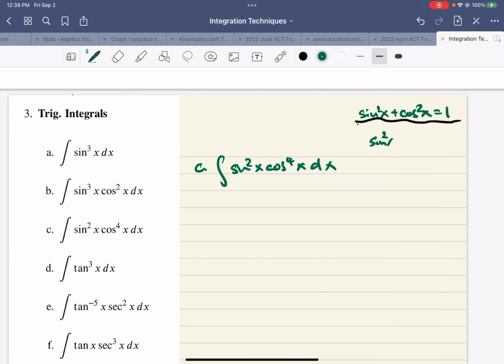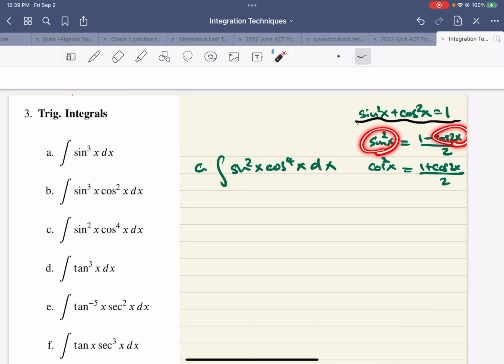Sine squared x equals 1 minus cosine 2x over 2. And you have to memorize this one too: cosine squared x equals 1 plus cosine 2x over 2. The reason why it's power reducing is it used to be second power but now just first power. So we call it power reducing formula, or you can say half angle formula. Same thing.